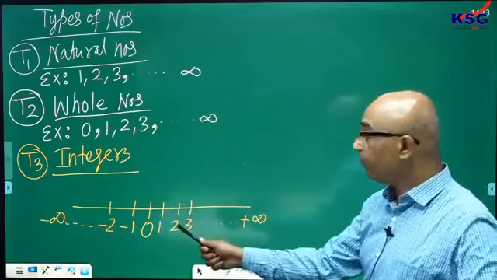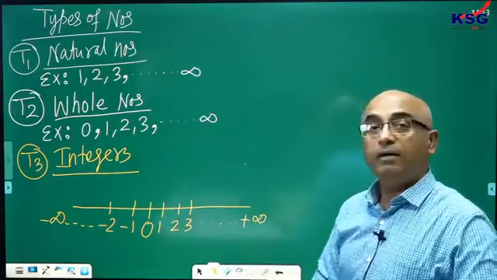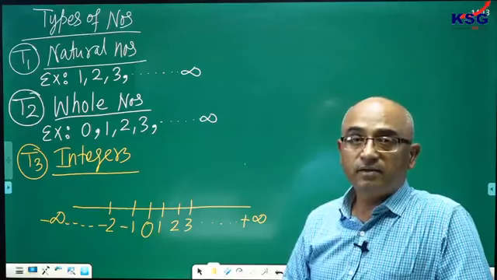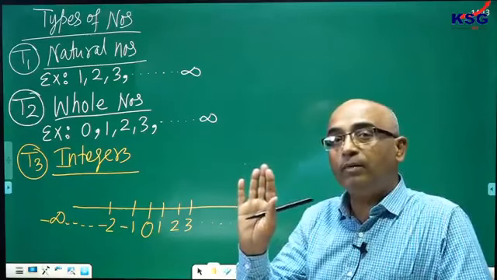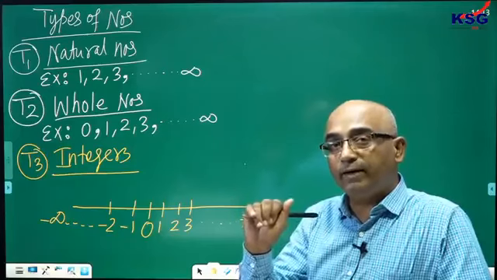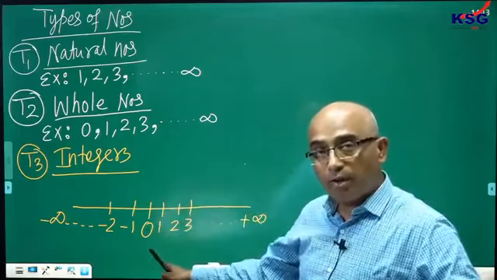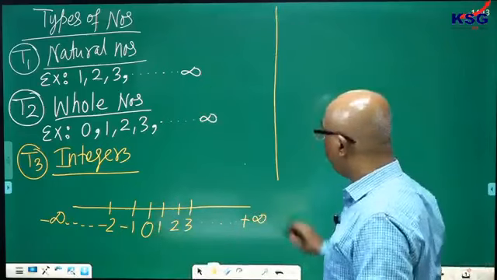So negative numbers, positive numbers as well as 0 are all known as integral numbers, integers. Integers are never in decimal form. So both natural numbers and whole numbers are part of integers.